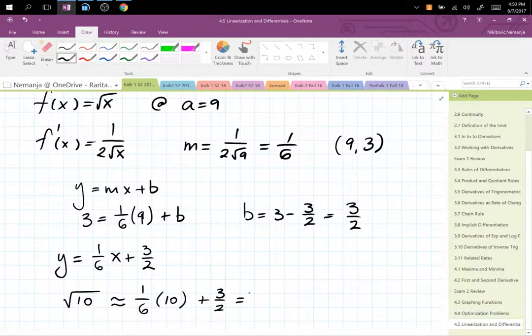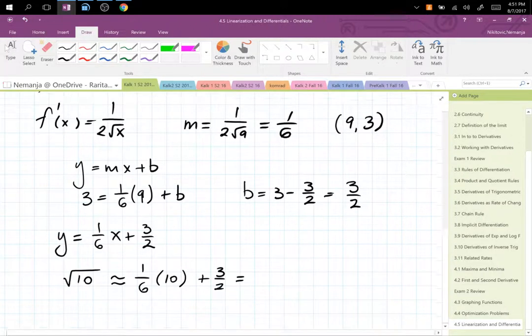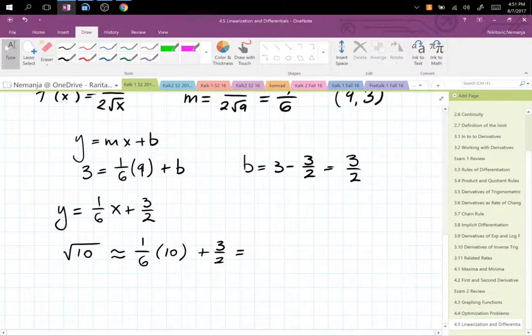The closer you are, the better. So we could have done this at 4, but 9 is much closer. We would have done it at 16, but 9 is much closer. So 9 is the closest spot to 10 where you can compute your function nicely. Then we'll do other examples with other functions. But yes, you are correct. The closer you are to the point of interest, the more precise it is.